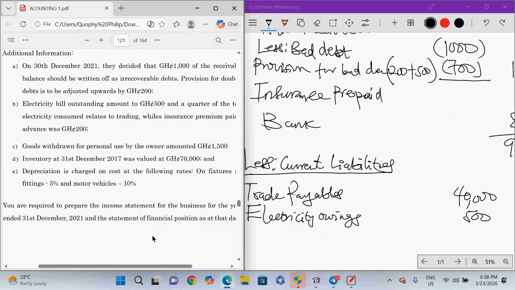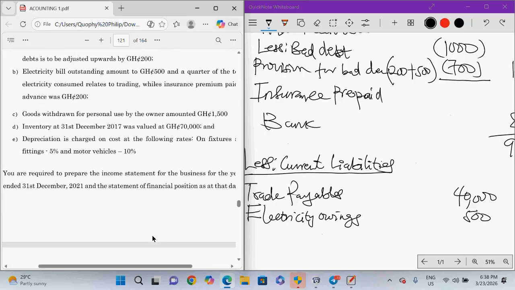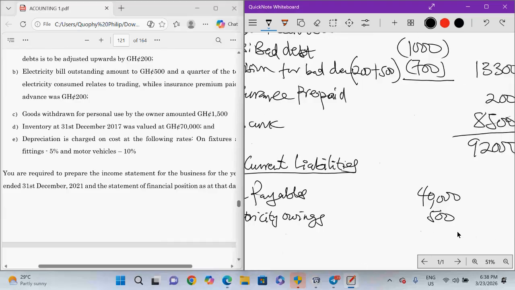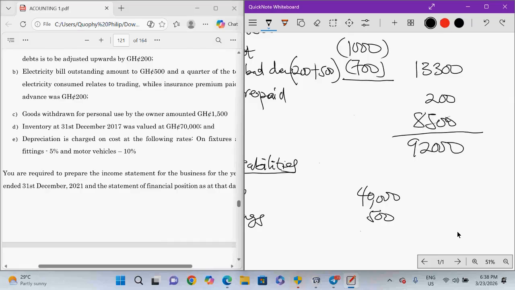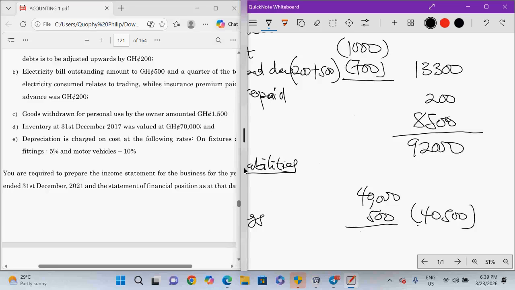Goods withdrawn. What else? Inventory, depreciation. Okay, so we are done with that. What will be the total? 40,500. So the difference will give us what?